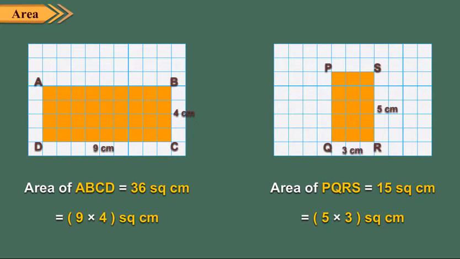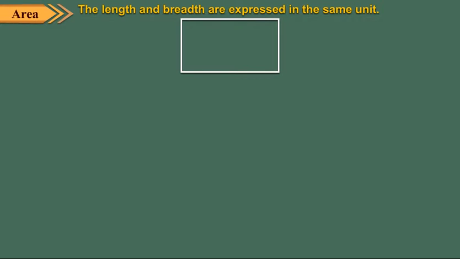What do we conclude? We see that in each case, area of a rectangle is equal to the product of its length and breadth. Here it should be noted that before applying this formula, both the length and breadth are expressed in the same unit.